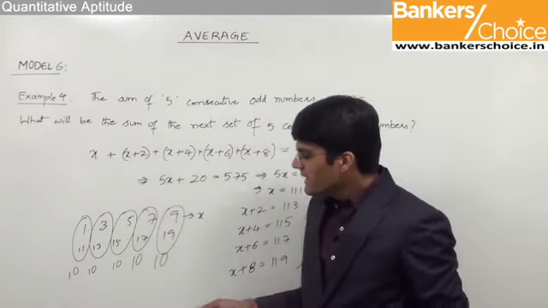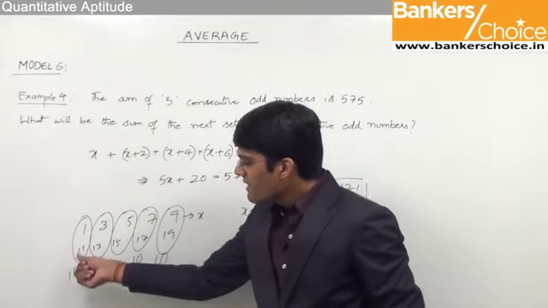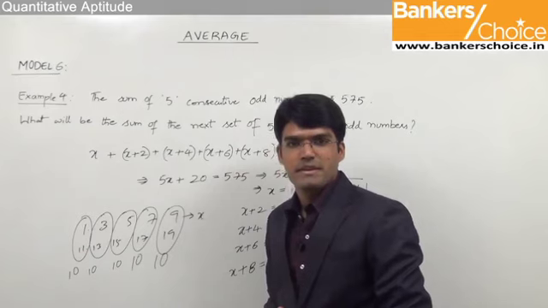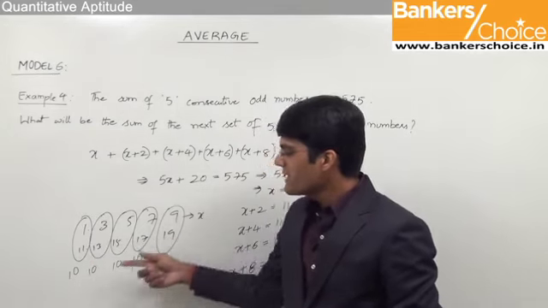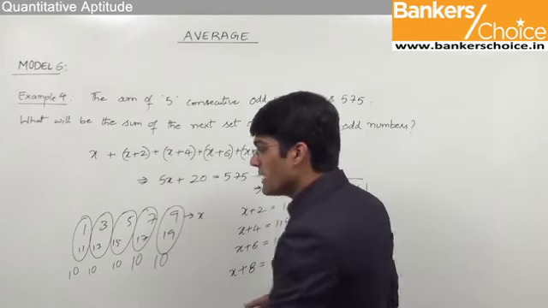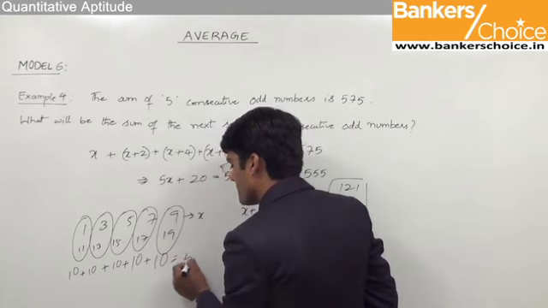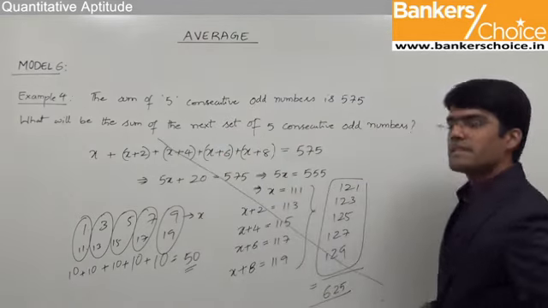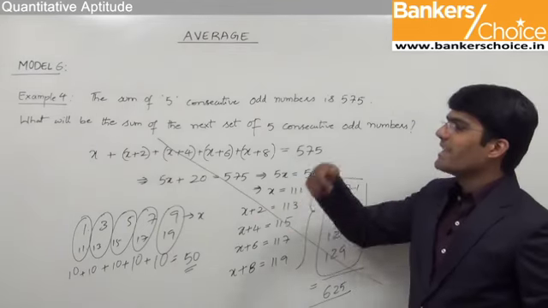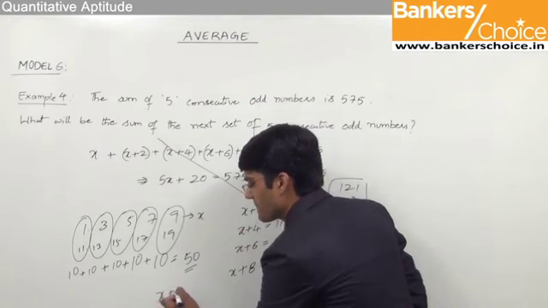So as you can see, each number in the second set will be 10 places away from each number in the first set respectively. Therefore, the difference between each of these pairs is going to be 10. And the total difference will obviously be 10 into 5, that is 50. So instead of writing all these steps, I can simply say that the sum of the next set of numbers should be x plus 50.